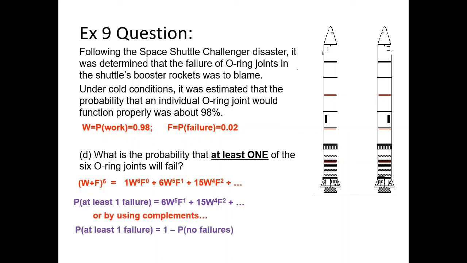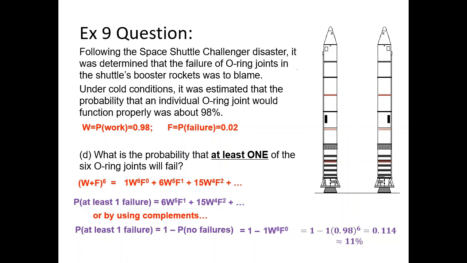So if we do 1 minus the probability of no failure, that would give us the same thing and be much more efficient to calculate. Okay, so that ends up being about 11%.